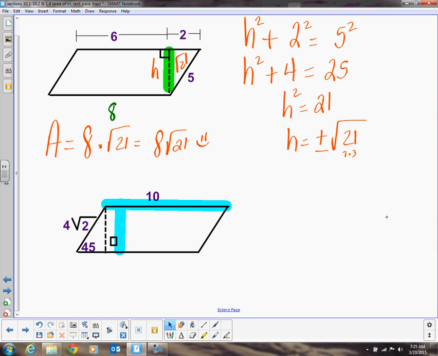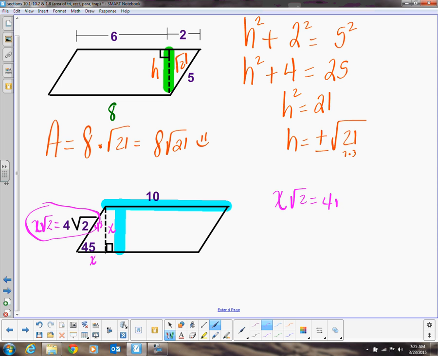All right, so what's opposite 45? X. What's opposite this 45? What's the hypotenuse? What is your equation? X square root of 2 is equal to 4 square root of 2.